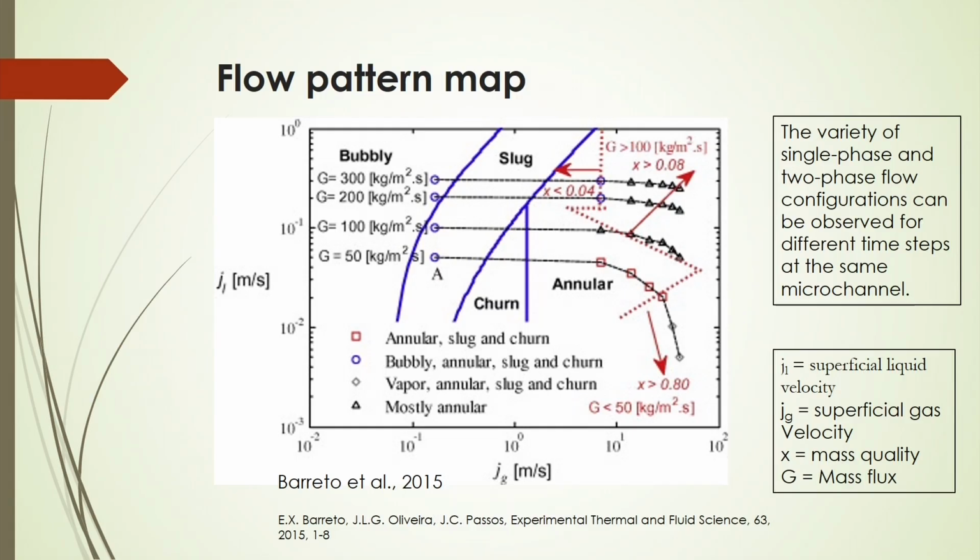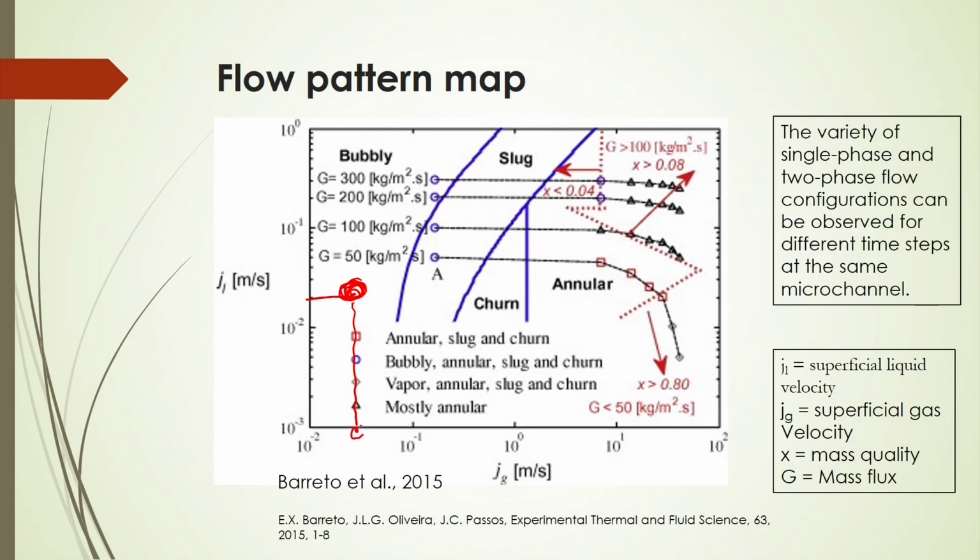From this map we have data at different points at different operating conditions, and here you will see that the blue line shows the transition data, where the transitions are from bubbly to slug, or slug to churn, or churn to annular. If you consider a particular point in the graph, like here, you will see what the gas velocity and the liquid velocity are.